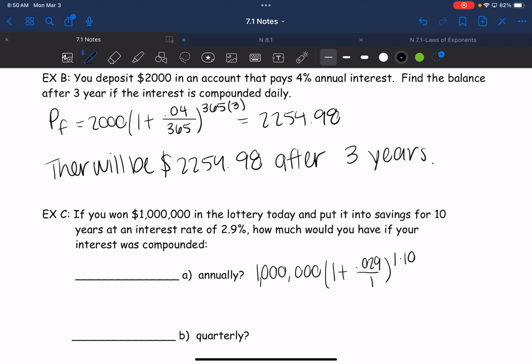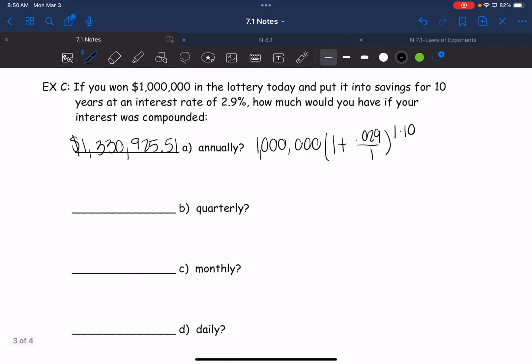What would we have in the account now? What do we get for that first blank? Right. And right, 51 cents. Okay, awesome. All right, you guys figure out B, C, and D, and then we will share our answers.